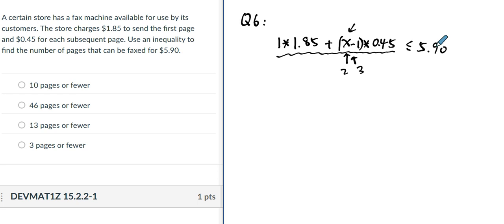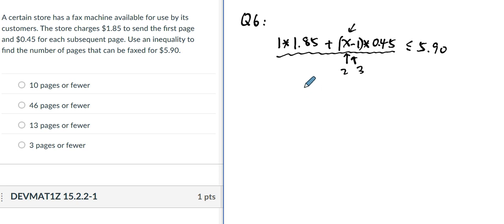For example, you just have $5.90 in your pocket, and you want to know how many pages you can send. You want to solve for this x. So solving this inequality is a very practical question. Okay? So let's do that.